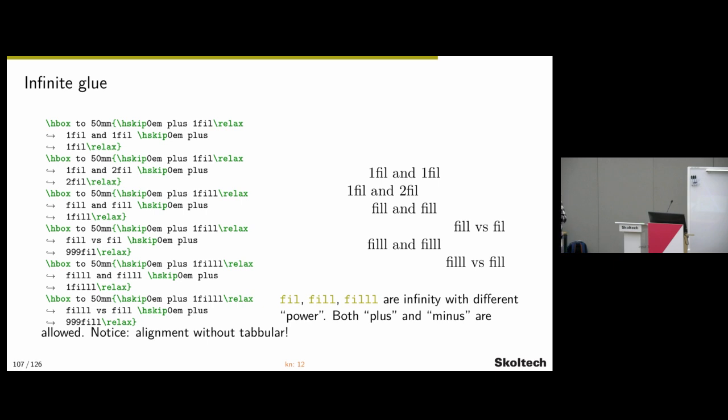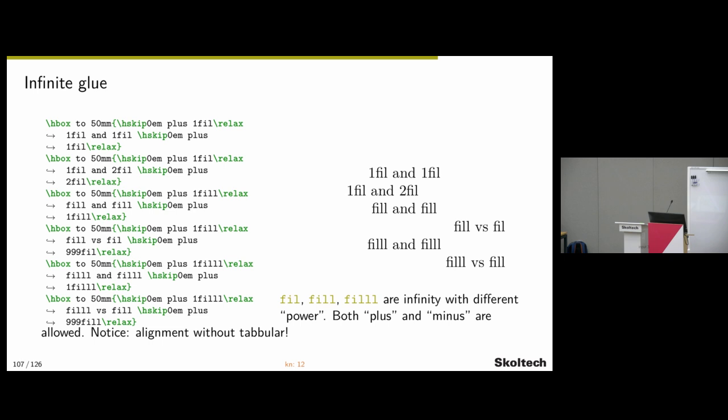We have infinite glue, so this change was because of infinite glue. Infinite glue has the power of fill, fill, and fill, the powers of this infinity. You can use just infinite glue with fill, or make it more powerful with fill and more powerful with fill.